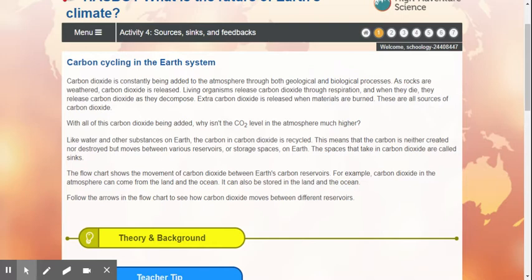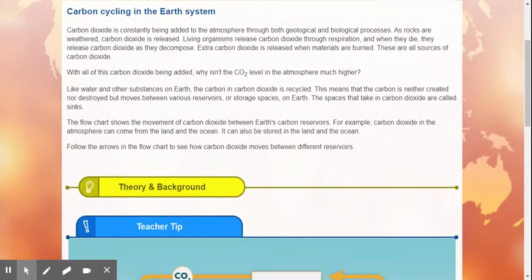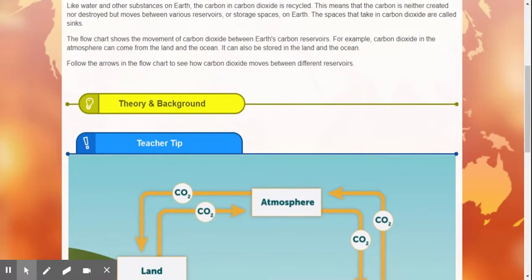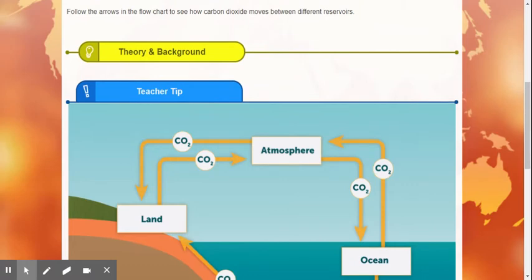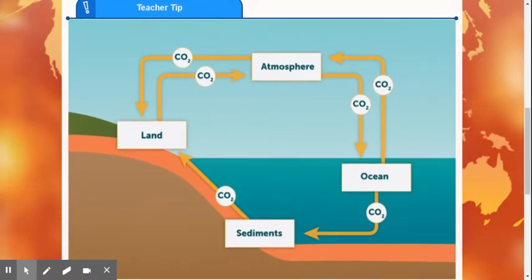The flow chart shows the movement of carbon dioxide between Earth's carbon reservoirs. For example, carbon dioxide in the atmosphere can come from the land and the ocean. It can also be stored in the land and the ocean. Follow the arrows in the chart to see how carbon dioxide moves between different reservoirs. So the reservoirs are the atmosphere, the ocean, sediments, and land.